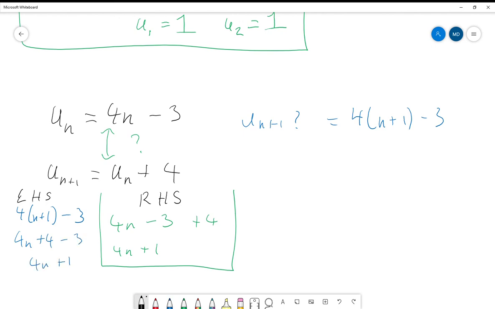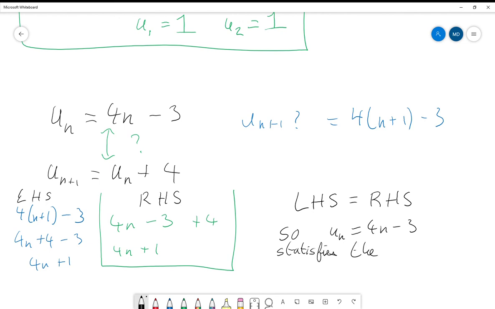And so we can say that the left-hand side is equal to the right-hand side. So Un equal to 4n-3 satisfies the recurrence relation Un+1 equal to Un+4.